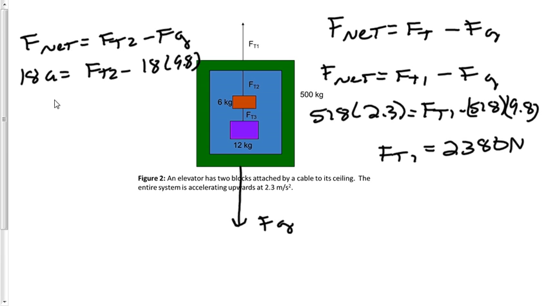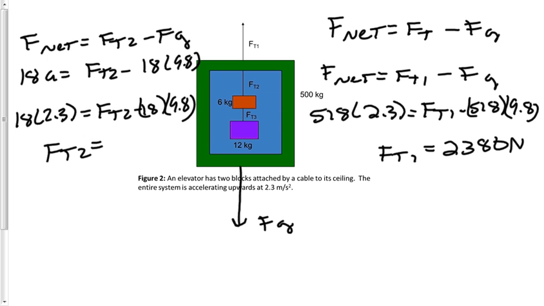We do know the acceleration, so we then go 18 times 2.3 equals force tension 2 minus 18 times 9.8. Acceleration of the boxes would be the same acceleration as the elevator. So force tension 2 has a value of 218 newtons.